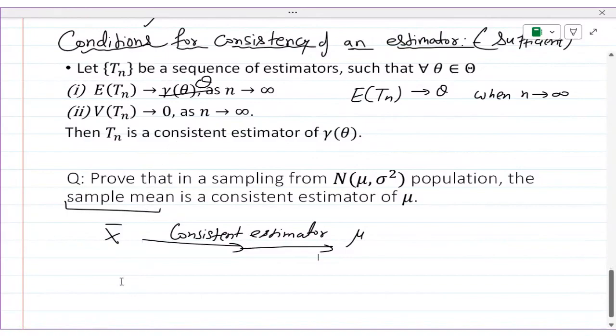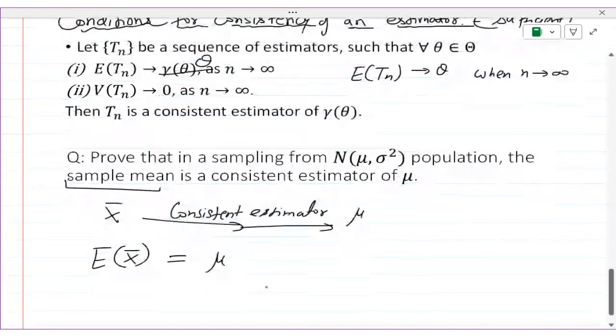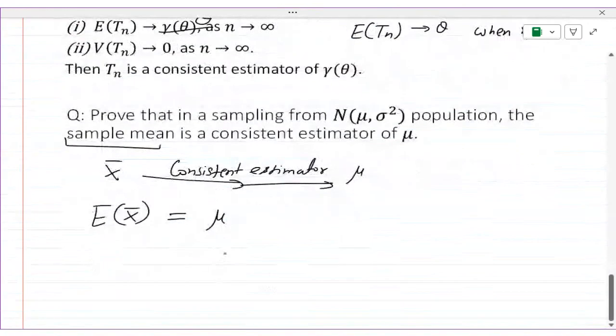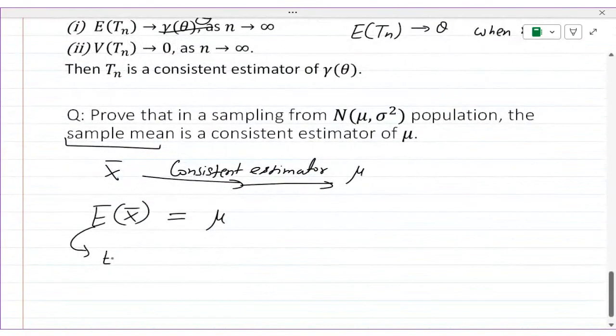First I will find the expectation of this sample mean. Do you know what the expectation of sample mean is? That is always mu. If you want to derive it, what is the meaning of x bar? X bar is x1 plus x2 plus up to xn, divided by n. 1 by n is a constant, so it will come outside.